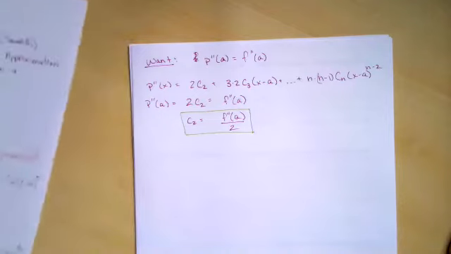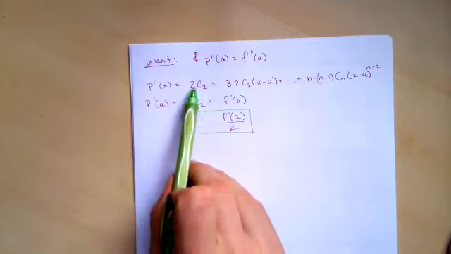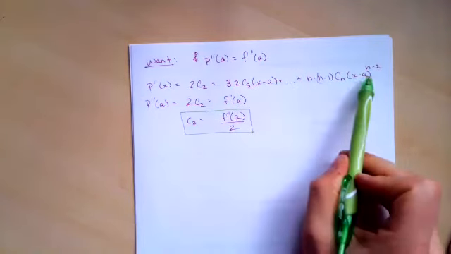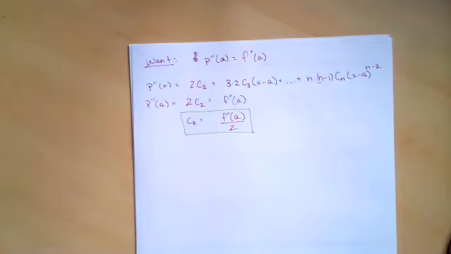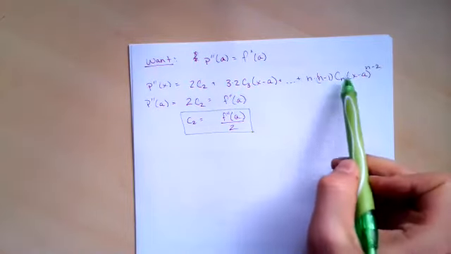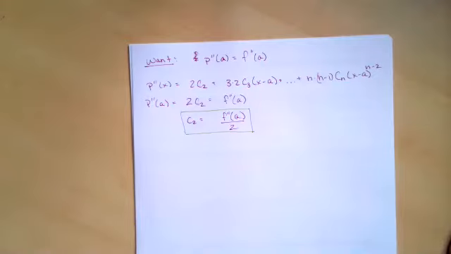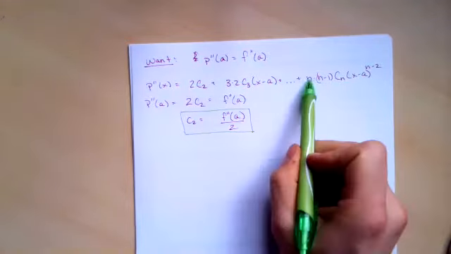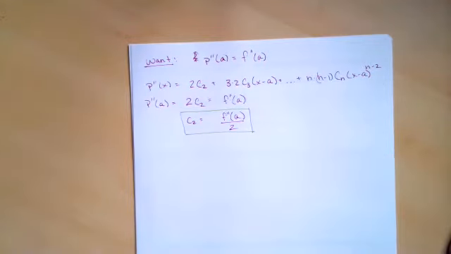Well, these constants are coming out because I'm taking successive derivatives. And every time I take a derivative of a polynomial, we follow our power rule, of course. It's going to be the power multiplied out front, and then lower the power. And so every time I'm taking a derivative, I'm getting another constant multiplied in front of that term.